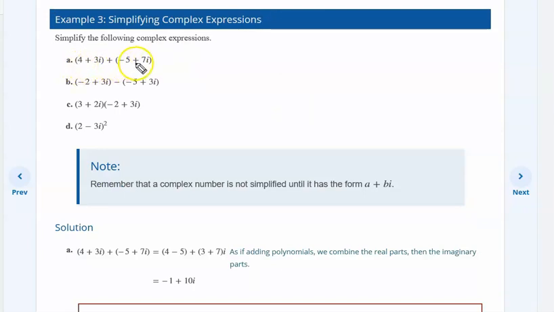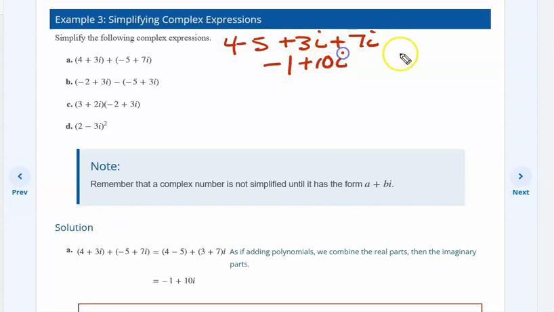Here, this is simple addition. So we can put our real numbers together, 4 and a -5. And then we have a plus 3i and a plus 7i. Real numbers, imaginary numbers. This is going to be a -1, and this is a plus 10i, and it's in the form a plus bi.